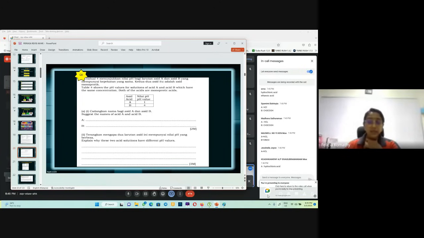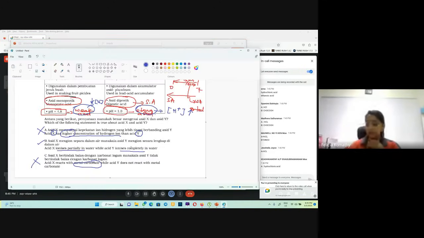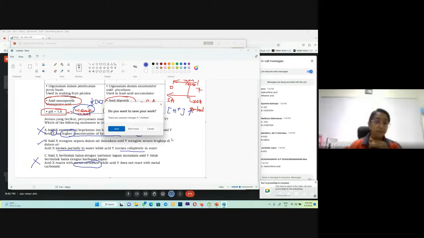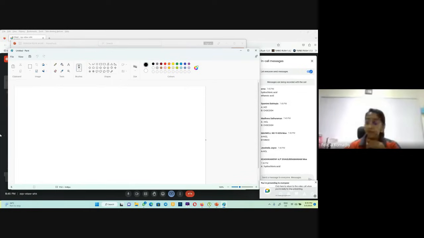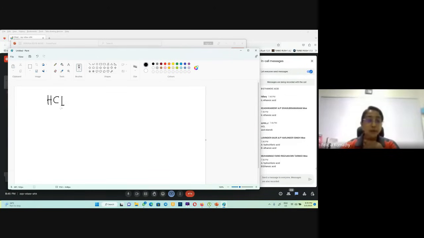Dekat sini saya nak ingatkan satu benda when you are writing your formulas. Please be careful. Okay. Kalau hydrochloric acid must be HCl, l awak mesti huruf kecil. Cannot use HCL. This is wrong.